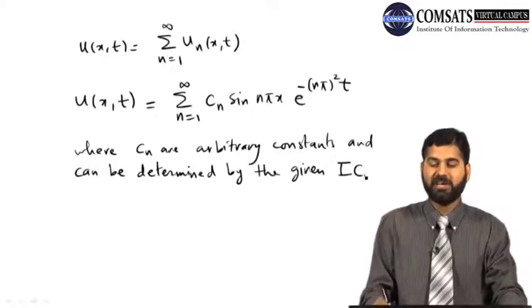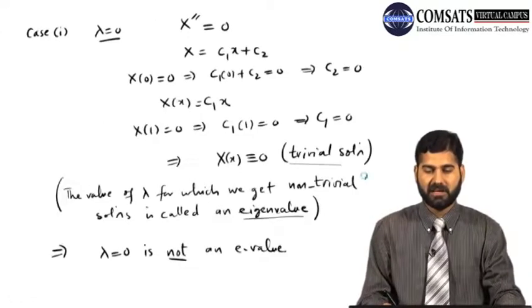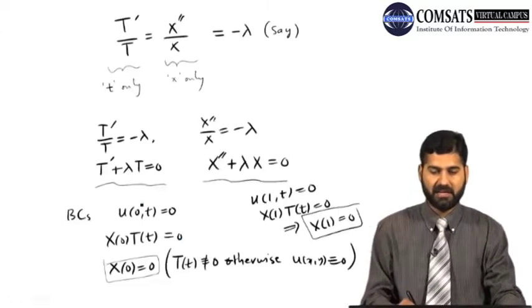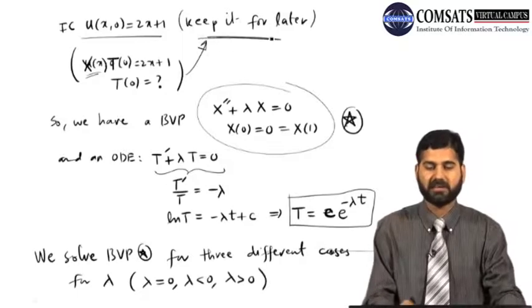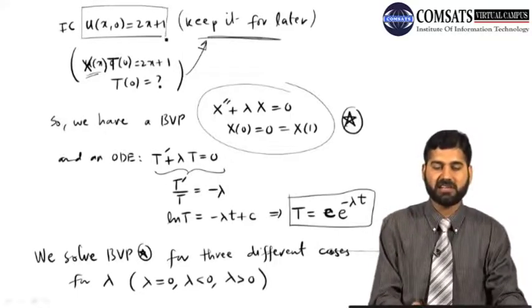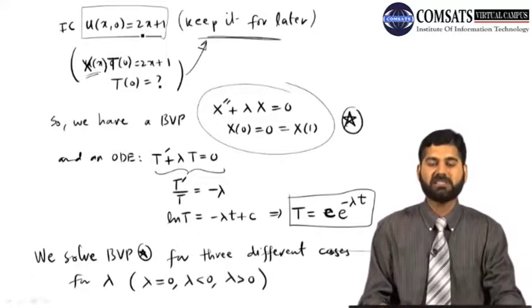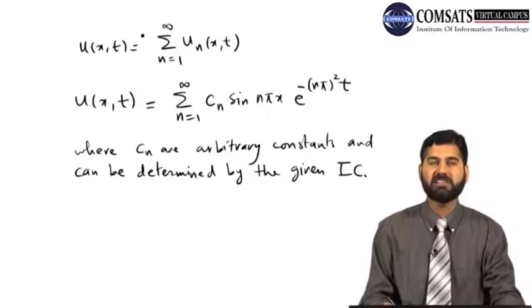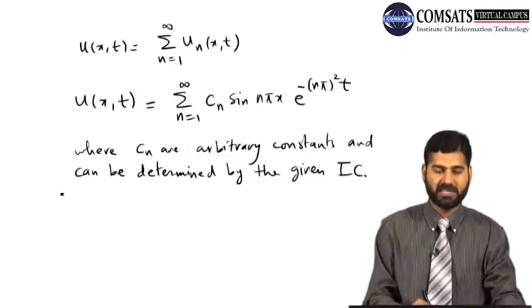If you recall, we haven't used the initial condition yet. You see, at the beginning, we said keep this for later. We haven't used this initial condition. I said keep it for later. And now it is time to use it. Right? We haven't used this boundary initial condition yet. So now I can use the initial condition.